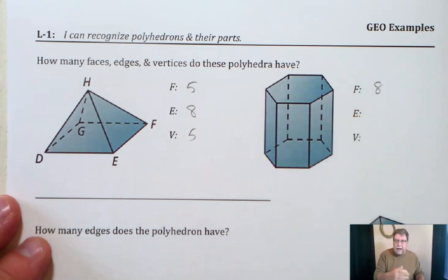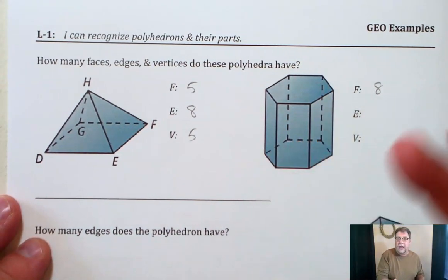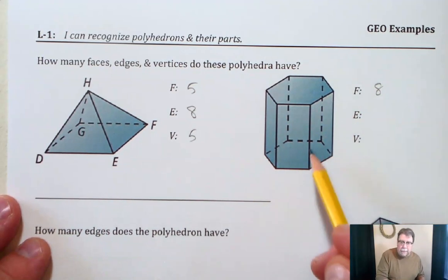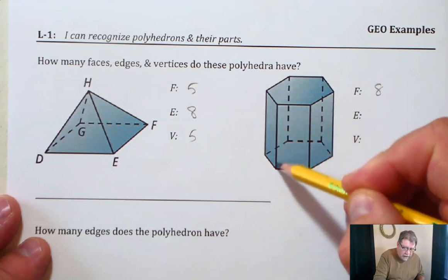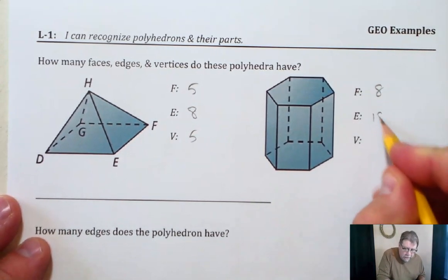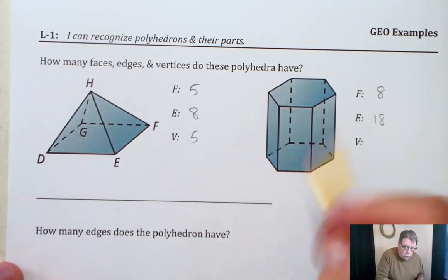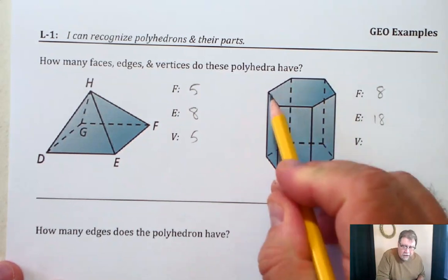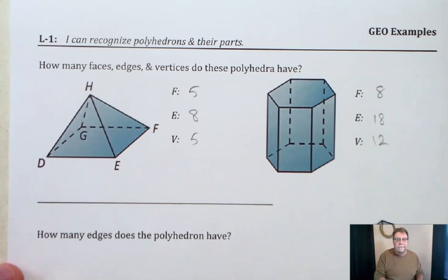If we look at the top first, we count 1, 2, 3, 4, 5, 6 edges, which is the number of sides of that base. We've got 6 more on the bottom, so that's 12. And then we've got a line going from each vertex down, and there's going to be 6 of those. So that's going to be 18 edges. Looking at the number of vertices, the corners, we'll see 1, 2, 3, 4, 5, 6 at the top and 6 at the bottom, making a total of 12 vertices.